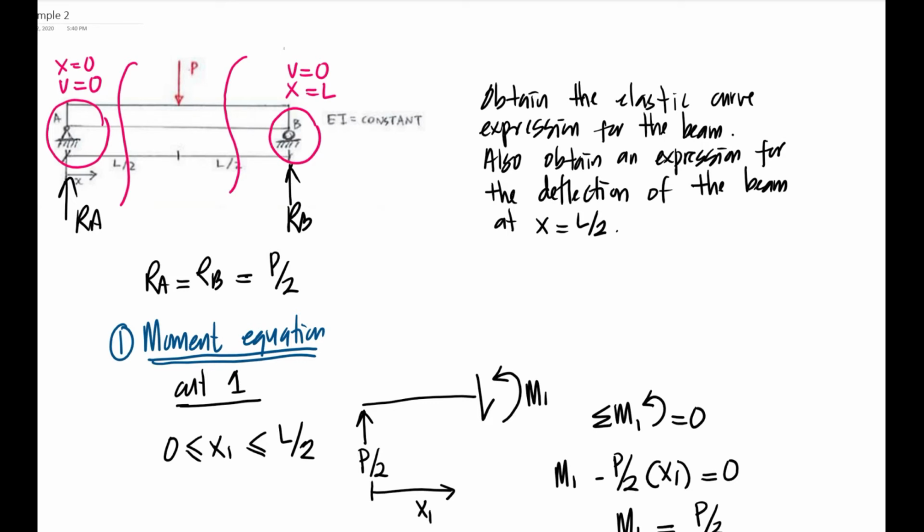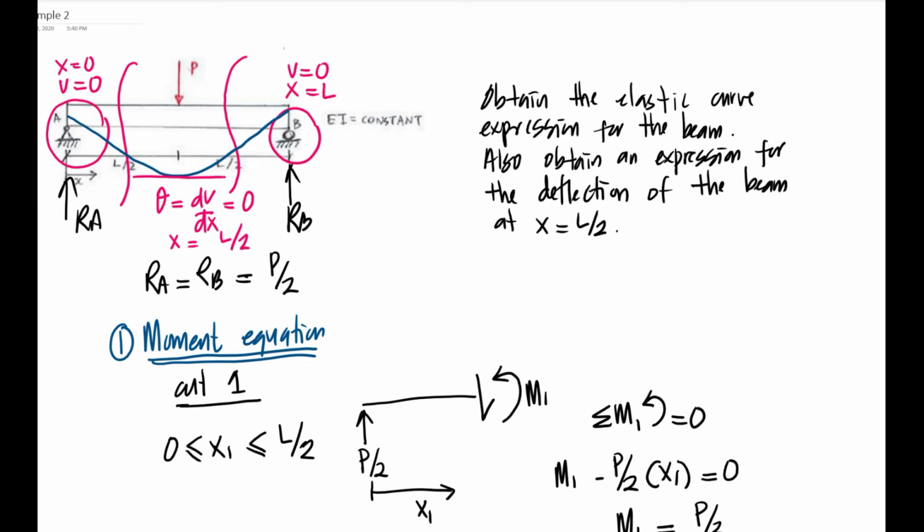Alright, so as we know, if you draw the elastic curve, it's simply supported with symmetry at the center here. At the center, due to symmetry, theta, which is dv over dx, is equal to 0 when x equals L over 2.